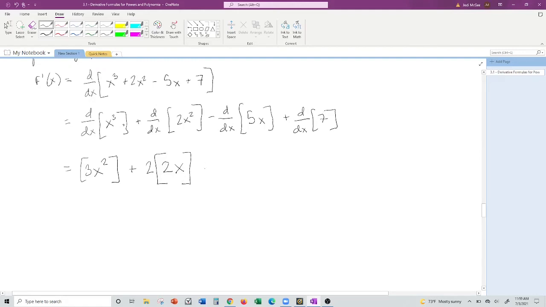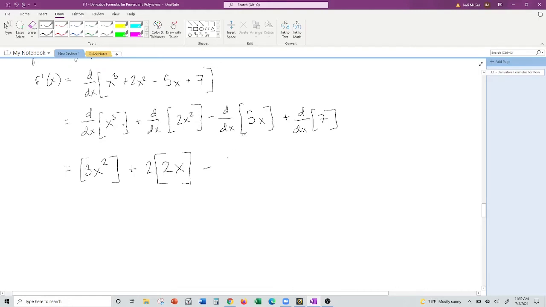Next comes the derivative of a linear piece. We just have 5 times x to the first power. That's when it's linear, and we know that our derivative must be constant. It's going to be the slope of this little piece here, 5x. We also know that if we use the power rule, we'll end up with x to the 0th power, which is just 1.